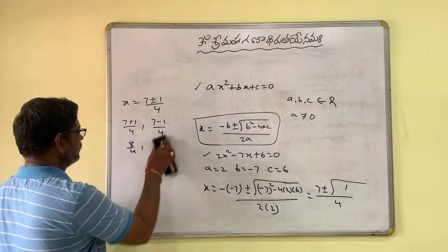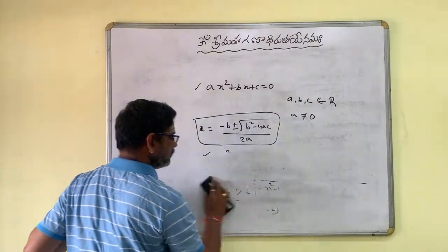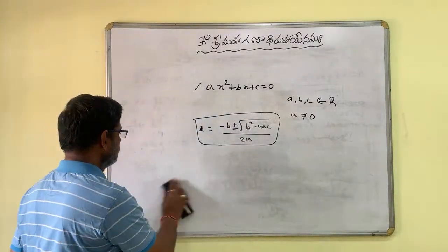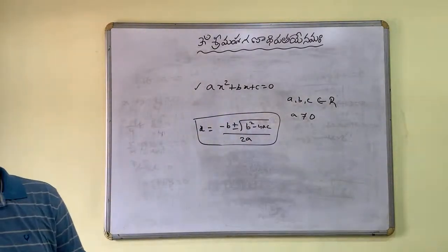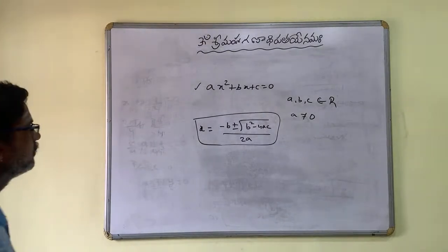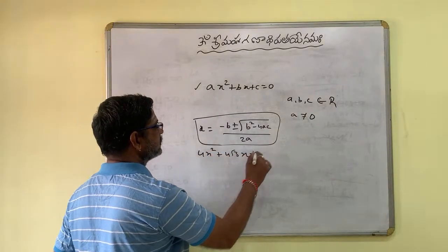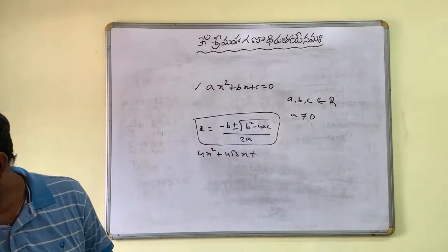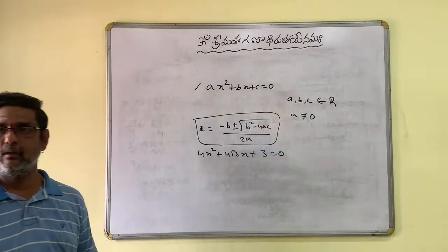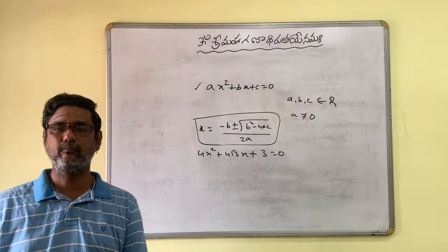Okay. We will see one more equation like this. 4x square plus 4 root 3x plus 3 is equal to 0.